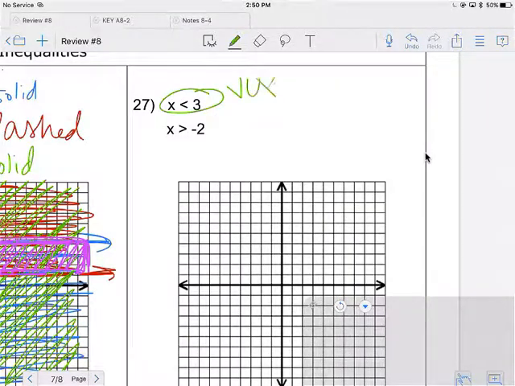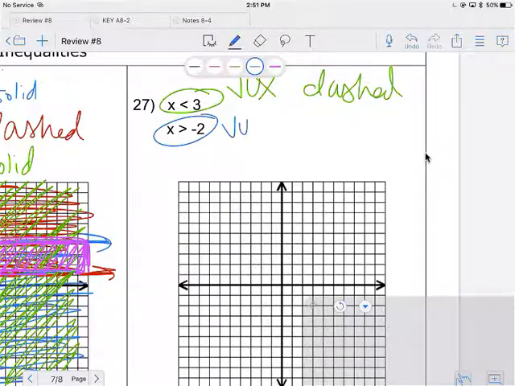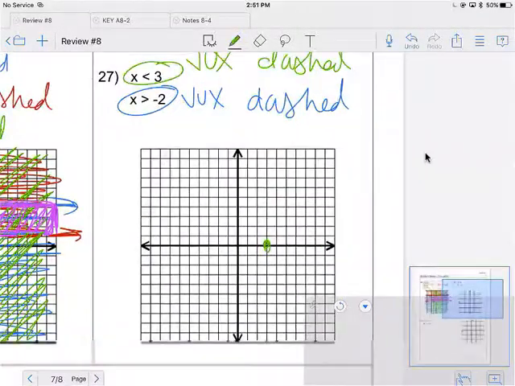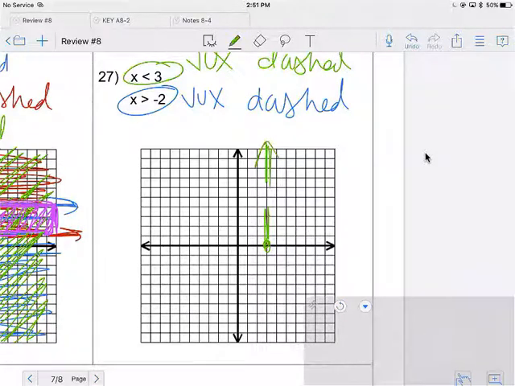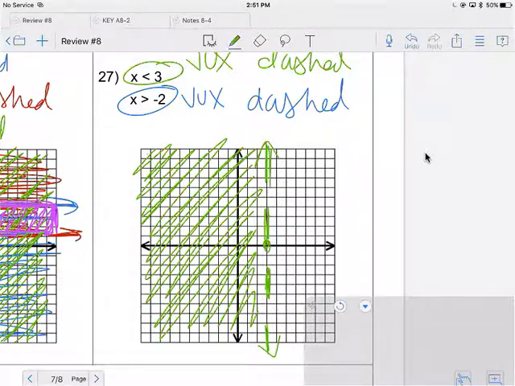27 has 2 special cases. Both of these lines are going to be dashed, and both of them are going to be vertical. So for the first one, we start at 3. It is a dashed vertical line, so I go up and down, leaving spaces in my line. X is less than 3. Less than 3 would be 2, 1, 0, anything that is negative, so I go to the left. And then X is greater than -2.